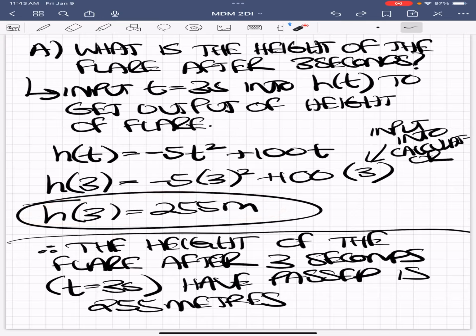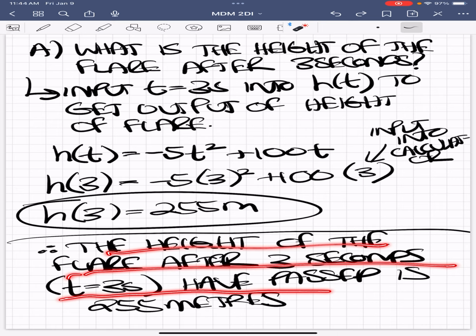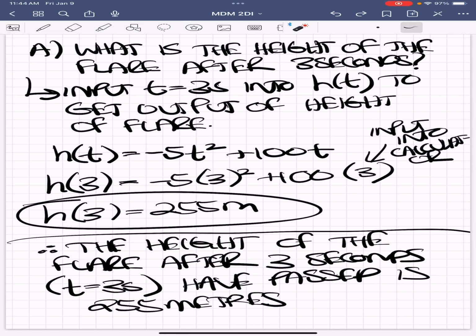And then we have our therefore statement. The height of the flare after 3 seconds, t equals 3 seconds, have passed is 255 meters. And that's our answer for that question.